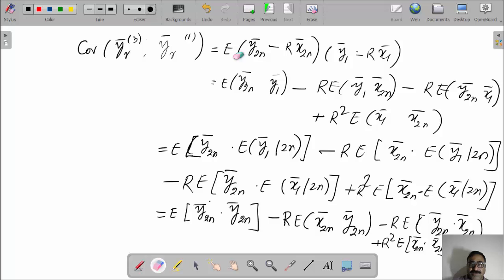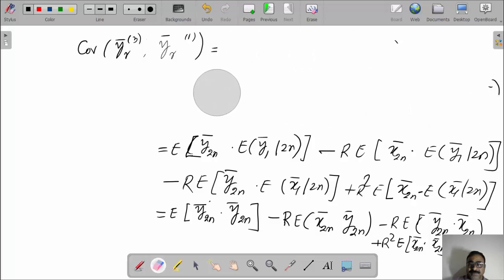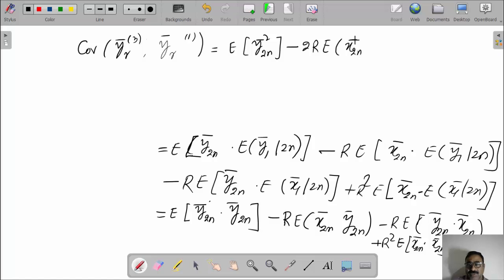Now this is equal to expectation of y2n bar square minus 2r expectation of x2n bar y2n bar plus r square expectation of x2n bar square.